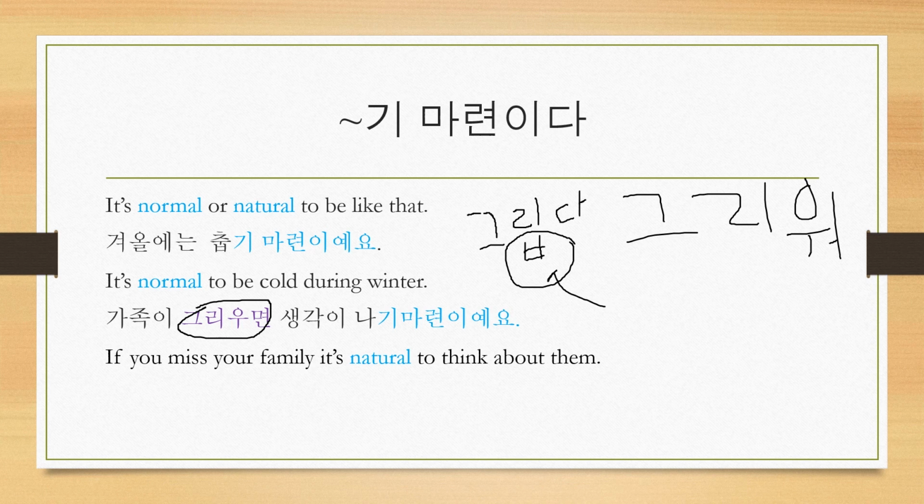And then when it attaches to 면, it's 그리우면, right? So you're probably thinking, how did you know that? So I have another tip for you. If you go to dongsa.net, and you type in the verb, it will give you a list of all the different conjugations and attachments. So that's what I did. Typed in 그립다 into dongsa.net, and it shows you how it attaches with 면.